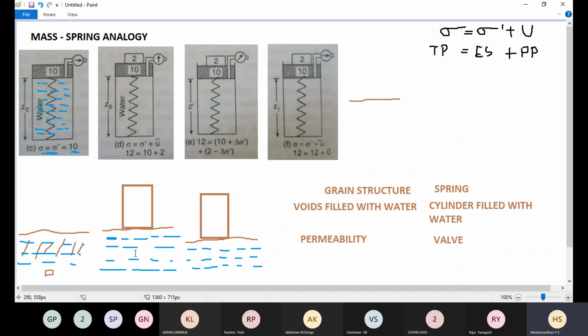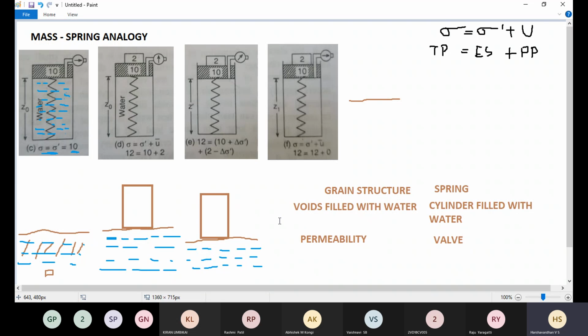So please remember, whenever extra pressure is added on the soil, that complete extra pressure is first taken by the pore water. Okay, and this pressure is called excess pore pressure or excess hydrostatic pressure or hydrodynamic pressure.